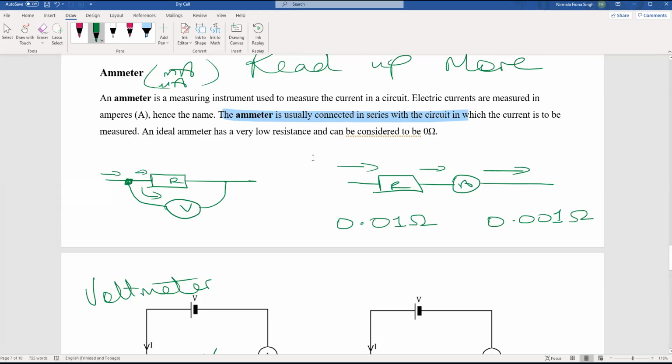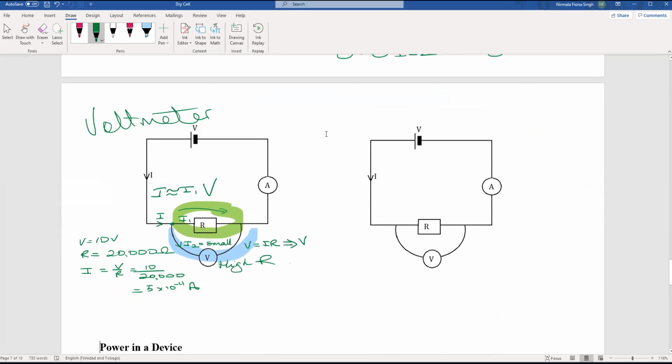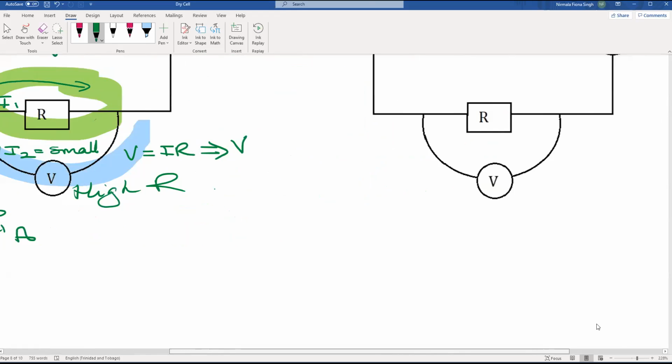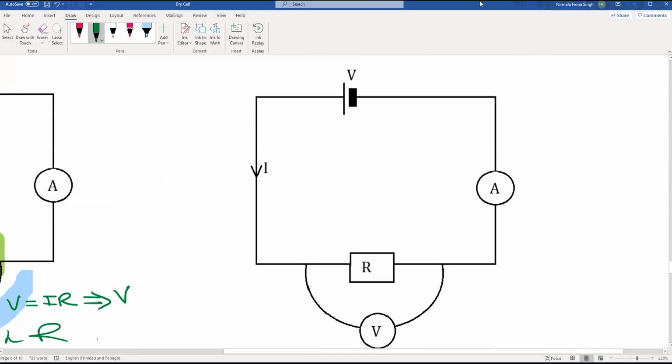All right. So let's see how that works in the circuit. Now we're just going to look at how our ammeter and currents work. So if my R is so small, it is nearly 0 ohms, what is going to happen as my current passes through my ammeter? The voltage across here is going to be the same amount as the circuit.